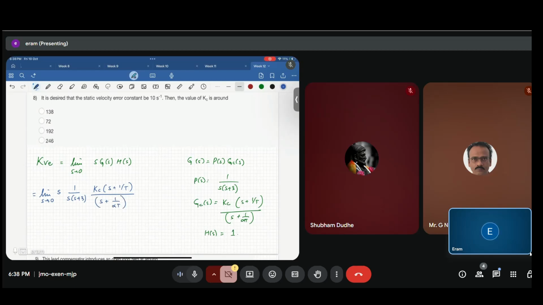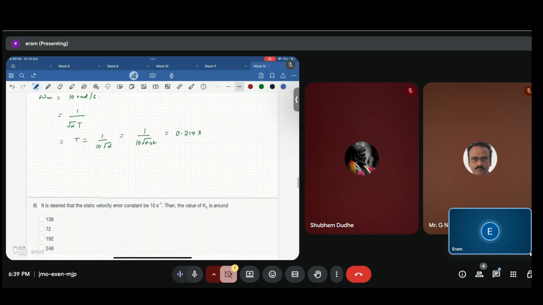The s will cancel out, and as s tends to 0, this will be equal to Kc, and the 1 by T and 1 by alpha T will give you alpha, and then by 3. So this will be the velocity error constant, and it is given that this should be equal to 10 per second.